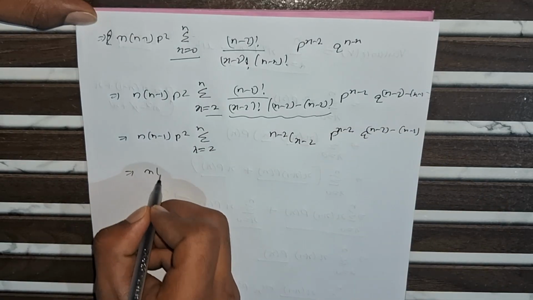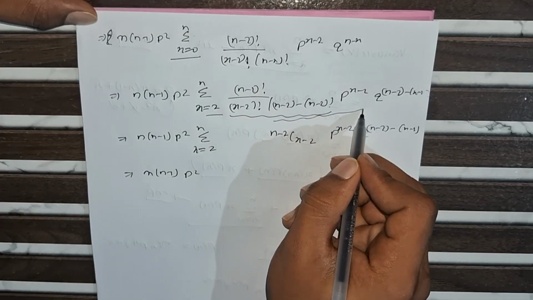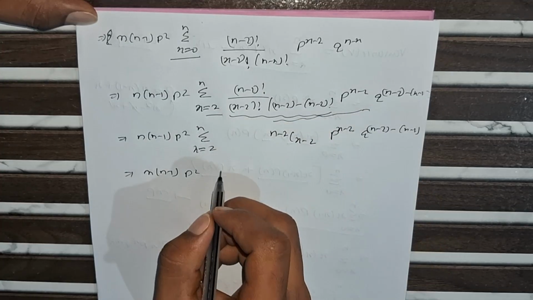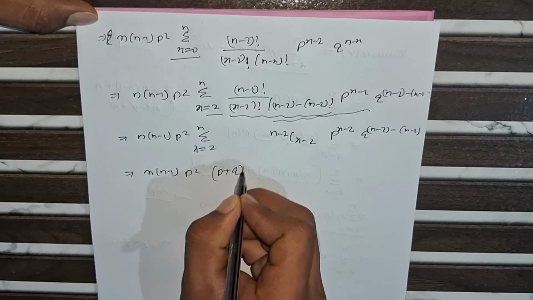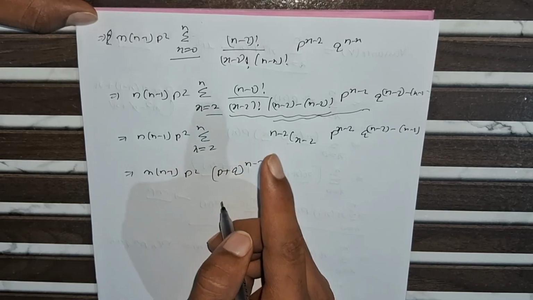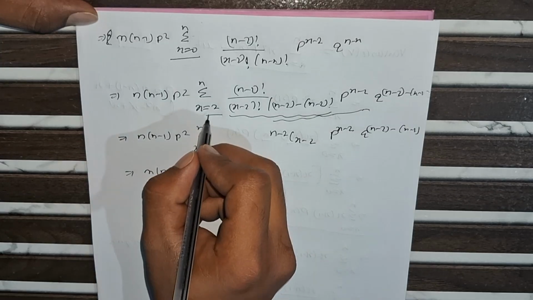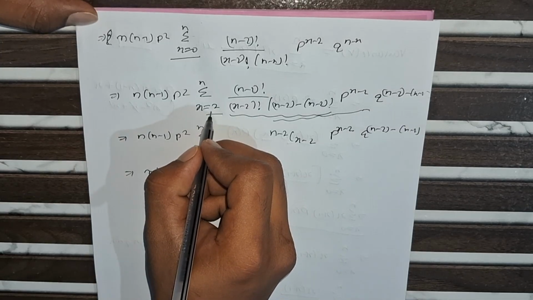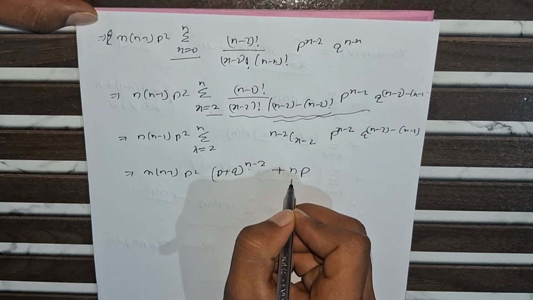So n into n minus 1 p square. This is nothing but the binomial theorem, so the equation becomes p plus q to the power n minus 2. In the mean, you can clearly see that here it is n minus 1 according to the x value, from where x starts from 2. So plus np.